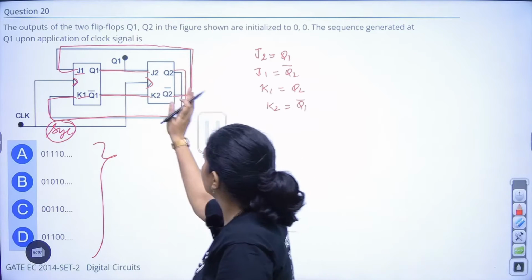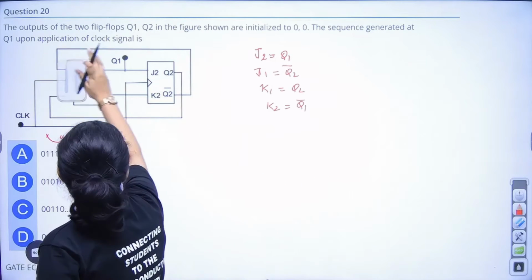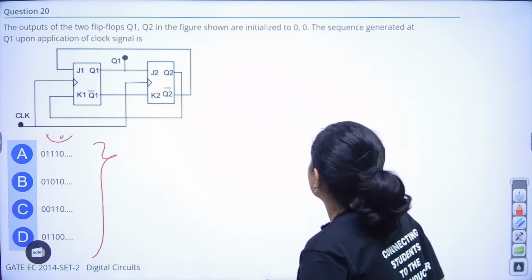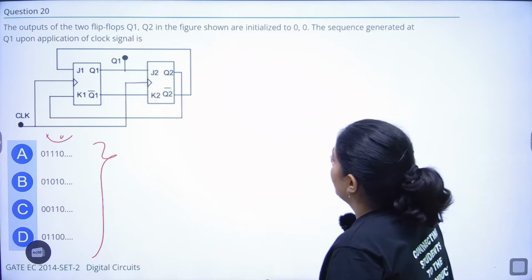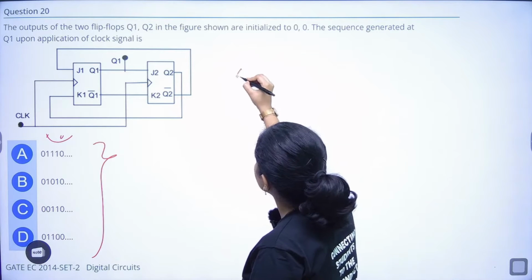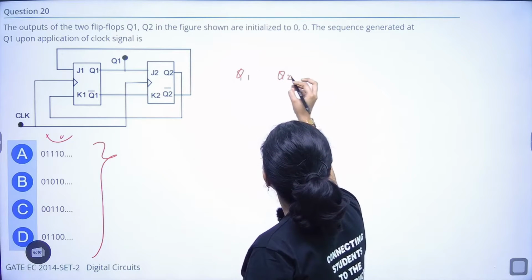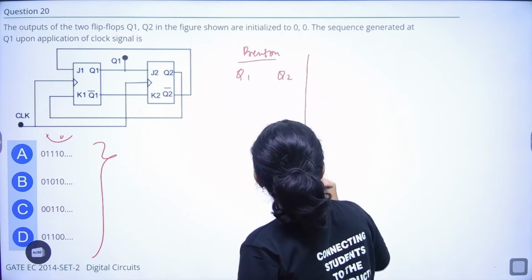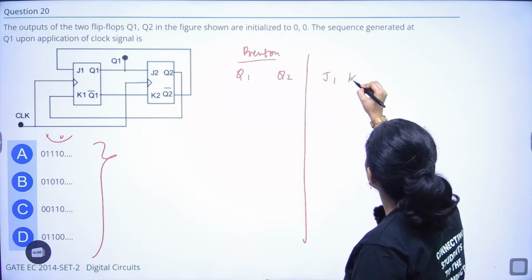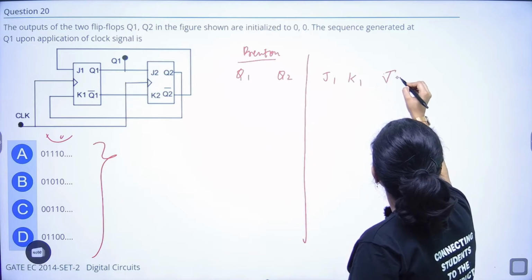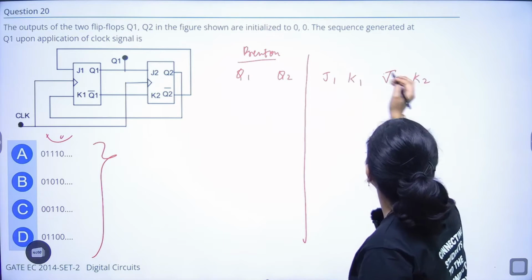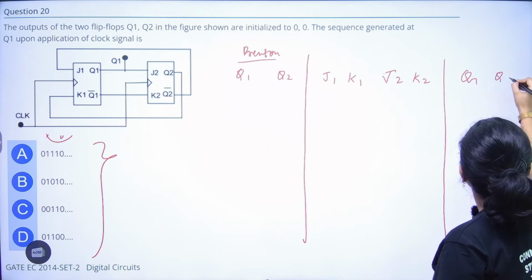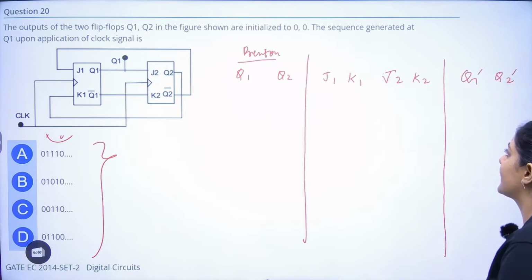Okay. Now what they are saying is, what sequence will be drawn if the initial values are these. So let me write it. Q1, Q2 are the previous state. Then J1, K1, J2, K2, and Q1, Q2 next state.